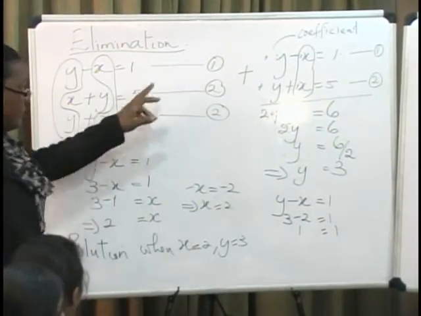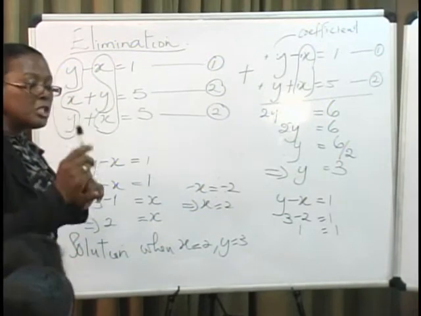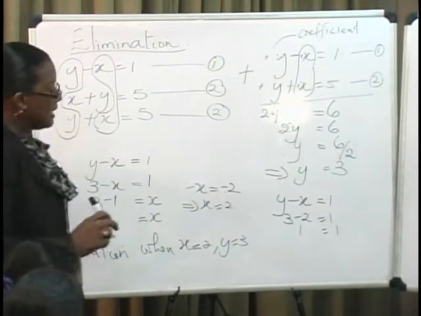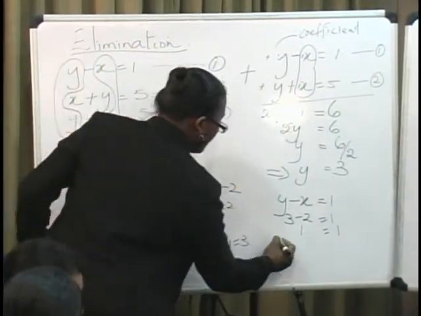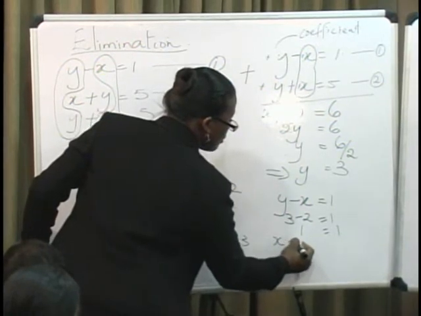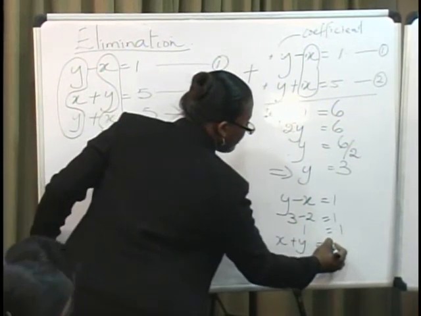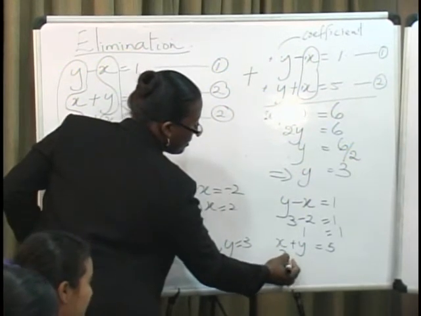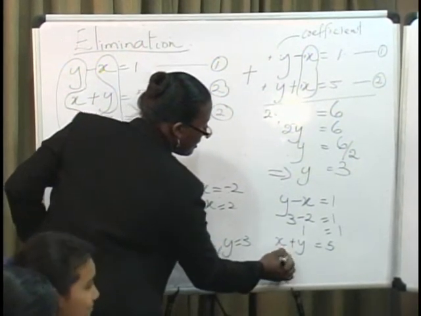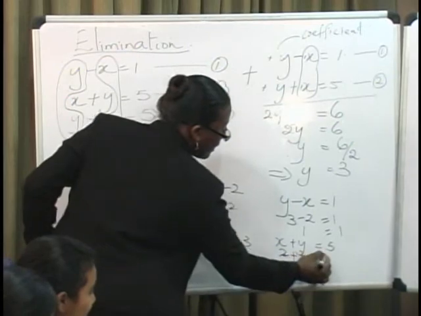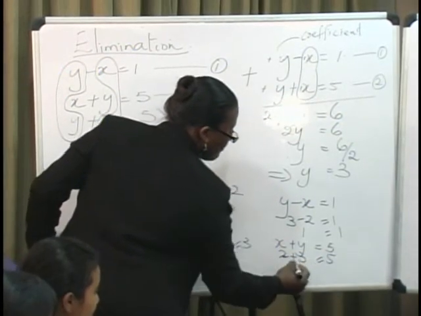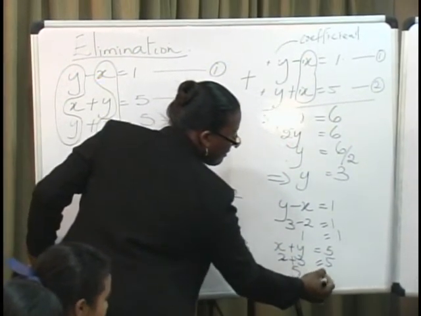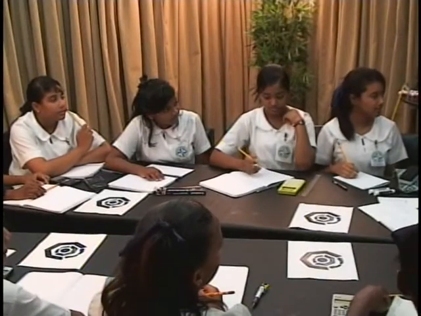But that was only the first one. They must work in both. Let's try the second one. When we add x to y, we're going to get 5. The value of x is 2, and we add that to 3 and we should have a 5. The value on the left is equal to the value on the right-hand side.